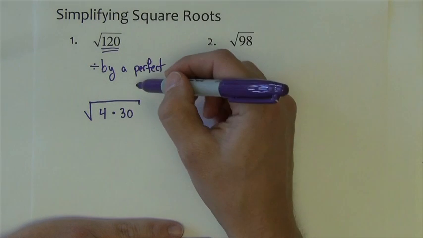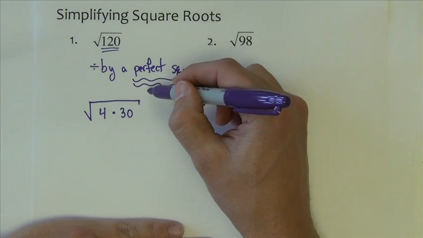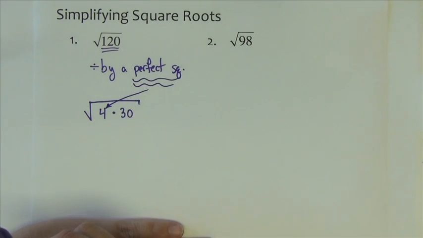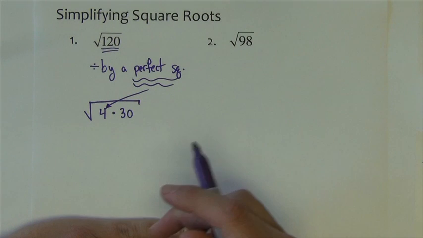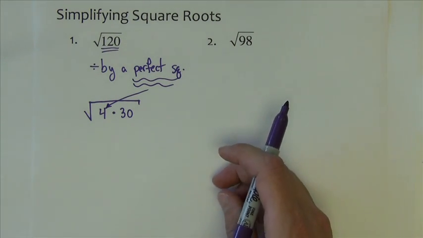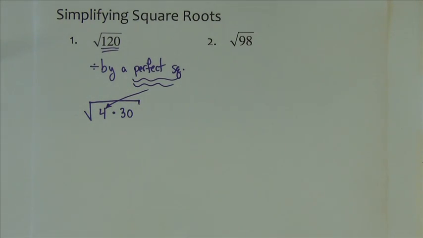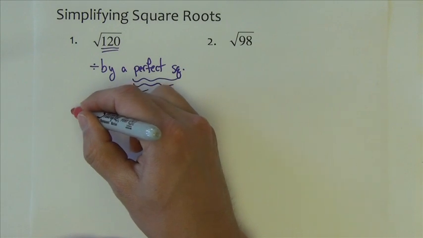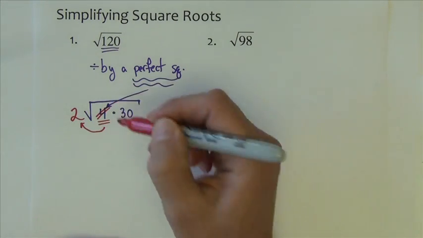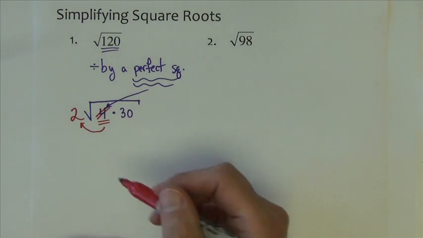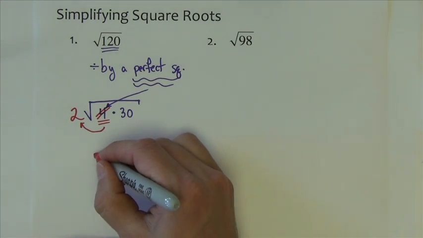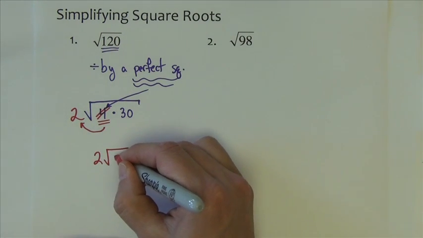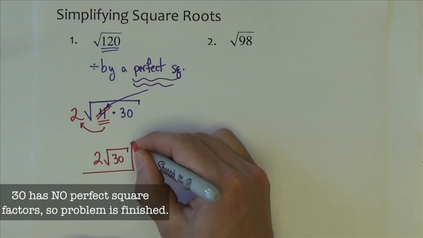The biggest key to simplifying these is one of these two numbers has to be a perfect square. If one of those two numbers is a perfect square, well then I can take the square root of this number and I can take that perfect square out. So the square root of 4 is 2. So we take that 4 outside the radical as a 2. And what's left behind is 2 times the square root of 30.